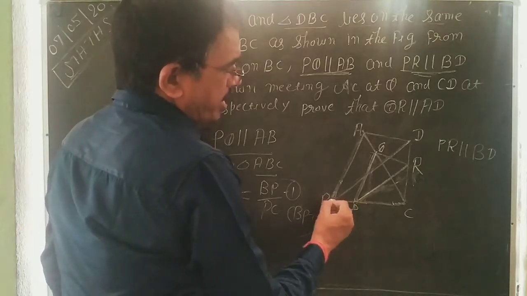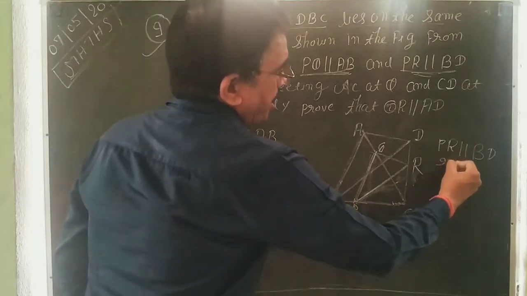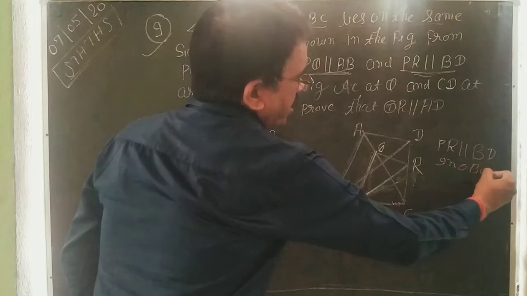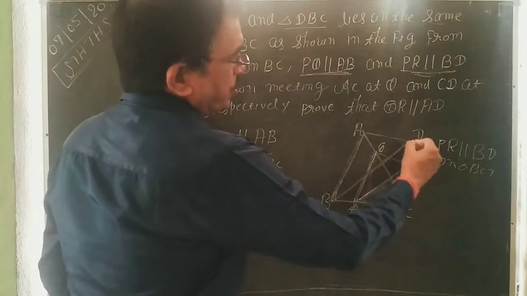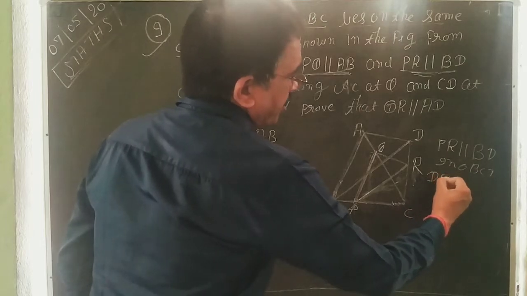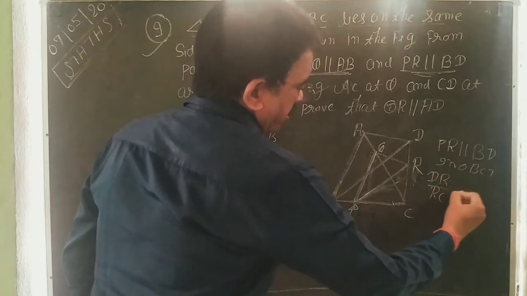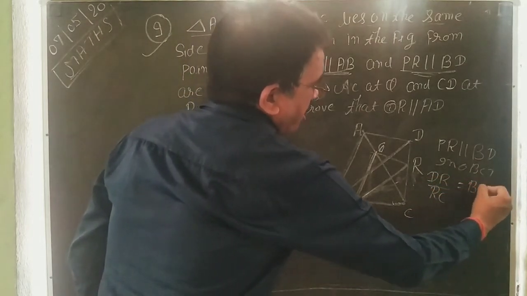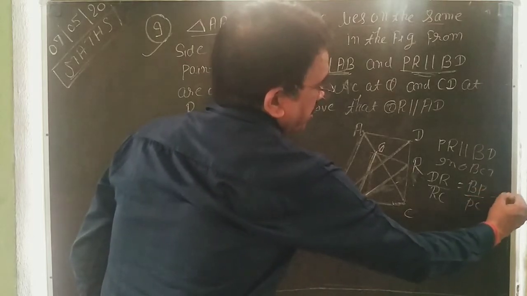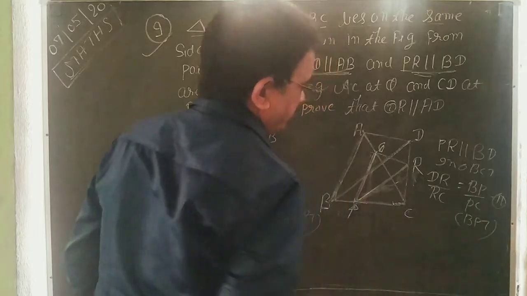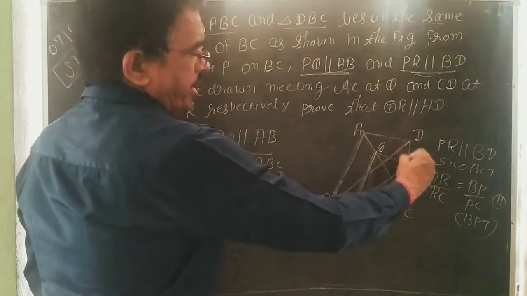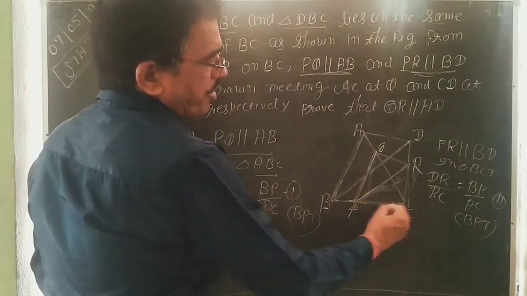So in triangle BCD, PR is parallel to BD, so we write DR by RC is equal to BP by PC. This is the second equation, also by BPT. In the first, AQ by QC is equal to BP by PC.